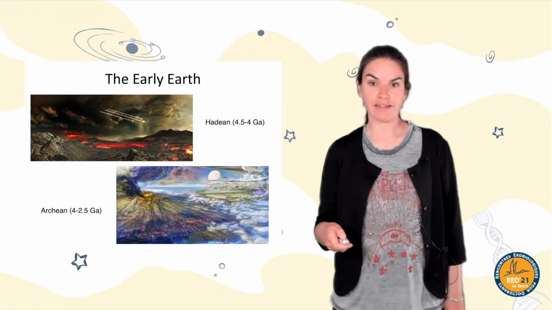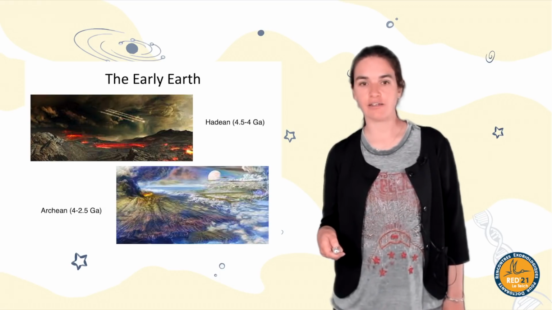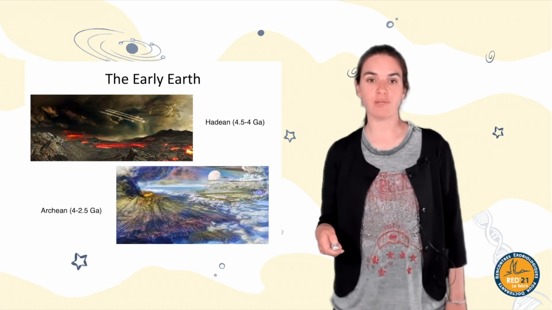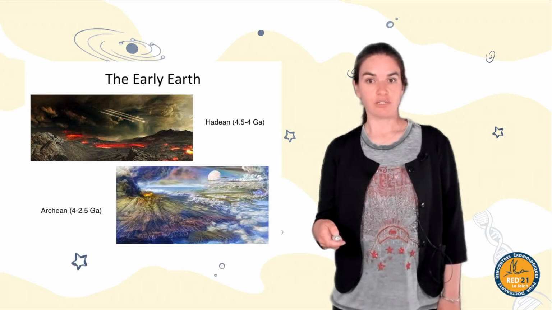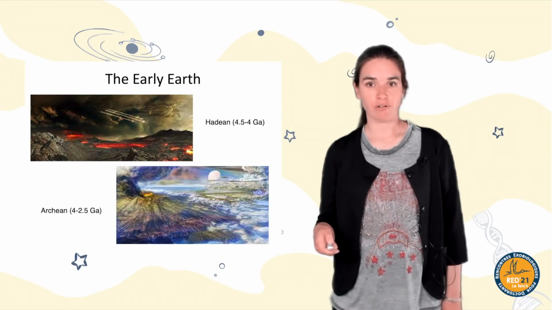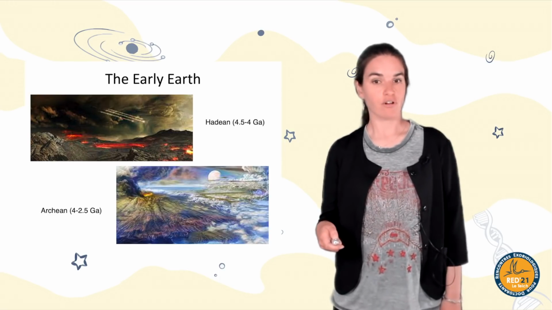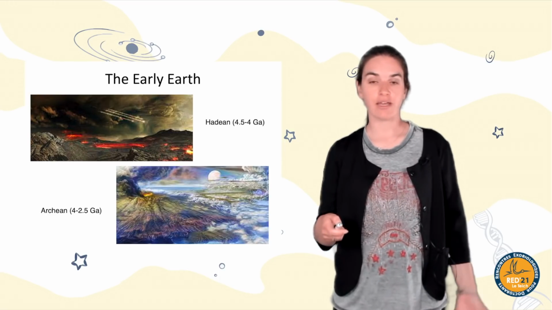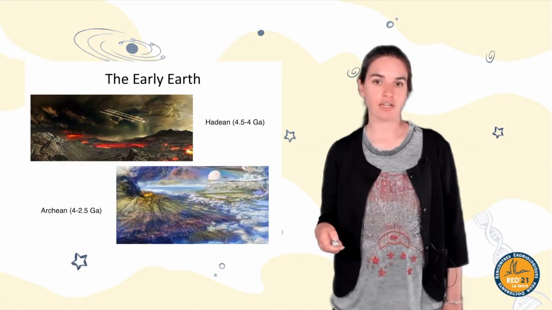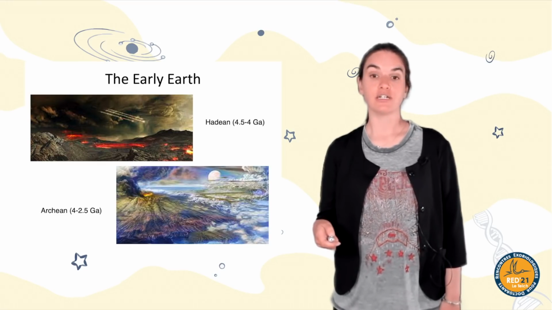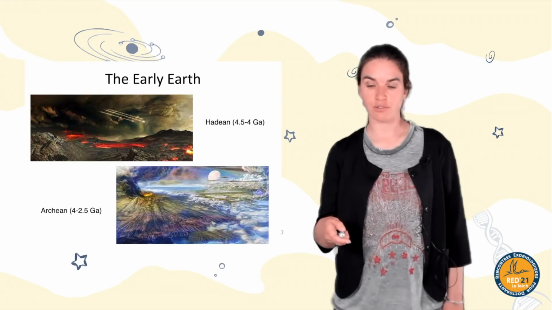But as the planet aged a little bit during the Archean, from 4 to 2.5 billion years ago, the world is becoming more and more habitable. We still have a lot of volcanoes, but we have a lot of liquid water, and we know that life can have appeared during that time, and this is what I will discuss today.